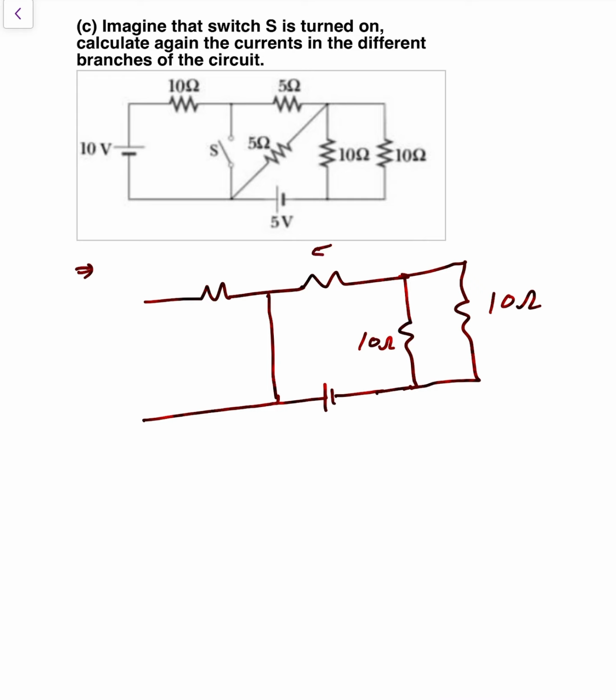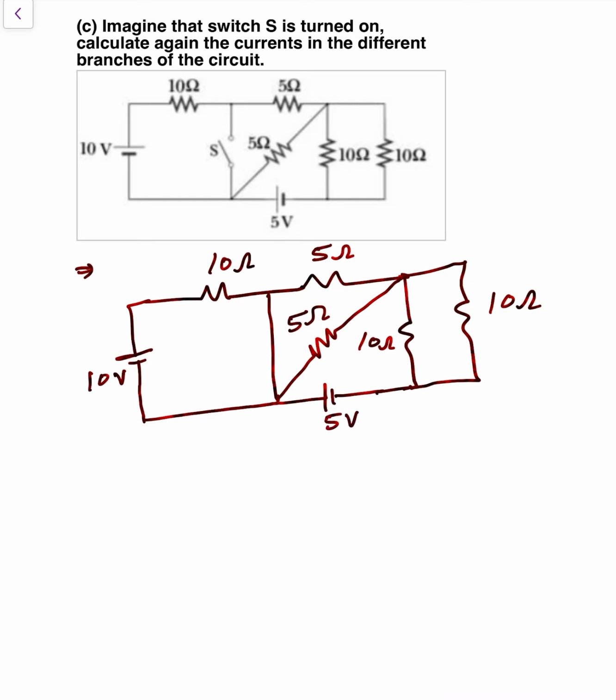Clear or not? That is 5 ohm, and this one is how much? 5 ohm, and that is 10 ohm, and that is 10 volt, and that is 5 volt.